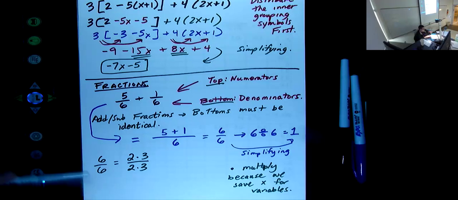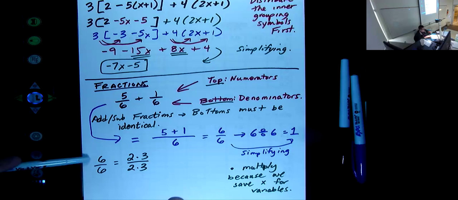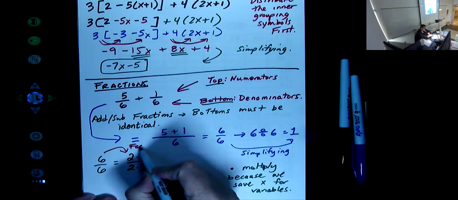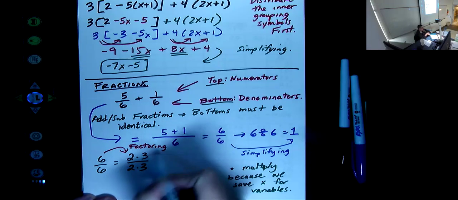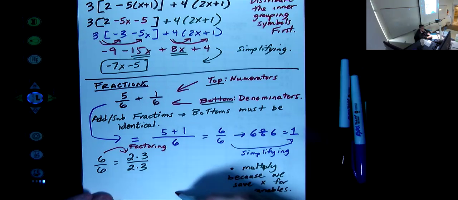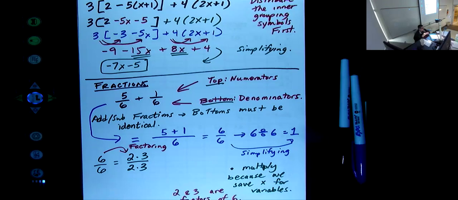Now, usually these two aren't the same top and bottom. They're usually different, but you can write these. This is called factoring the number. 2 and 3 are called factors of 6. Factors is the word for things that multiply together.